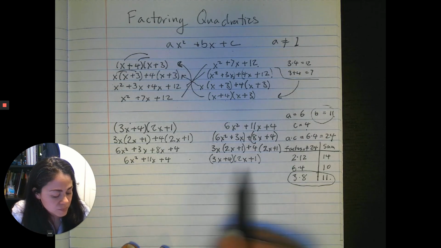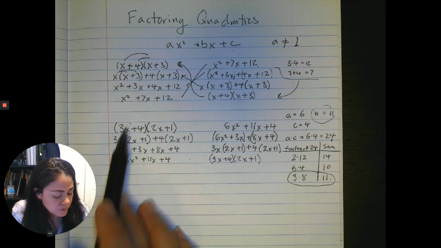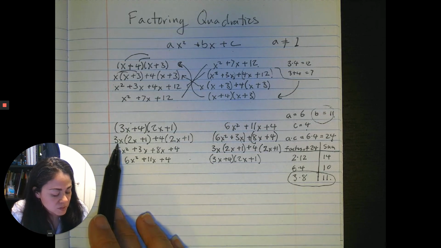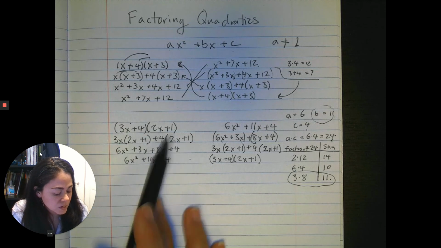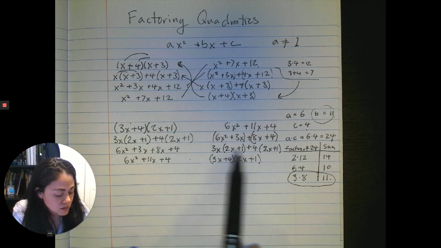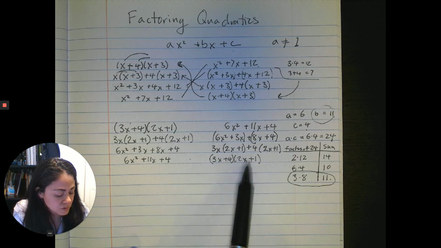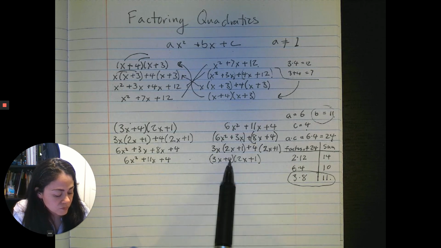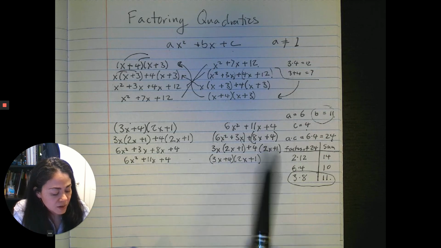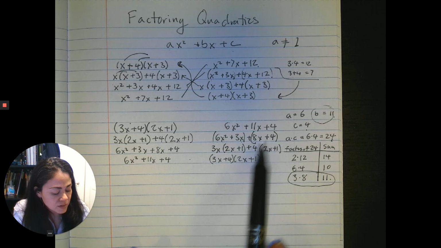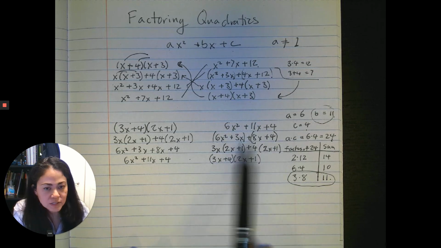And just to compare again, here we started with the two binomials. We multiplied the first term of the first binomial times the second binomial, and the second term of the first binomial times the second binomial. And here we have the same thing. And we got that by grouping together these terms after we split up 11x into 3x plus 8x.